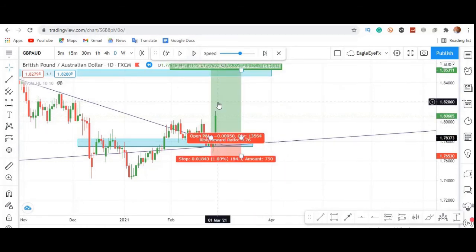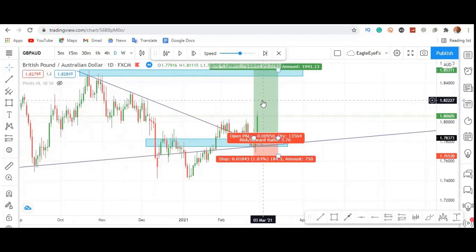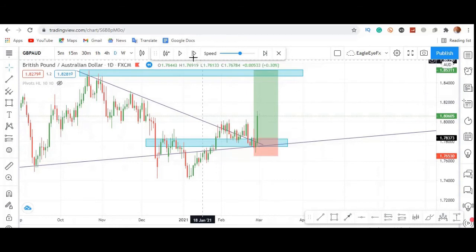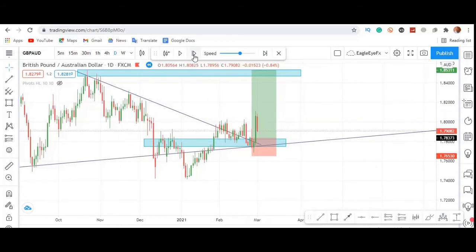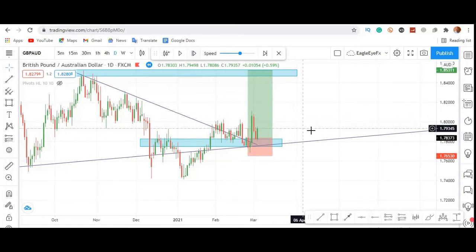So this is a 1:3.7. It comes back, see, broken. It's coming back to test this zone again before it can gain more momentum to go up. So let's see how it goes. You can scale in here if you want.